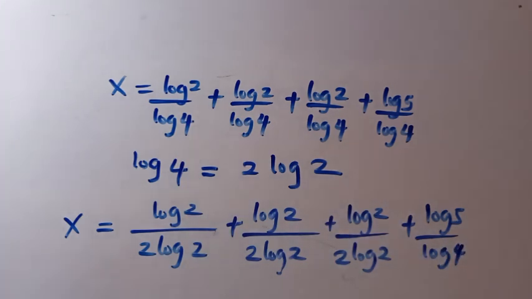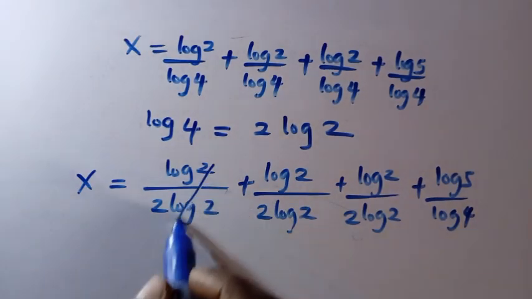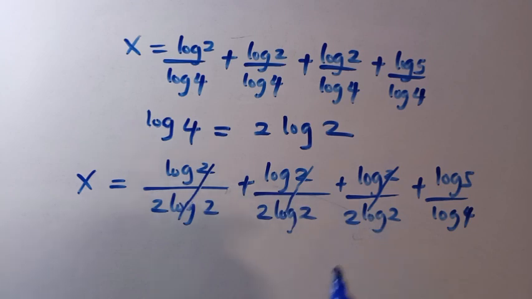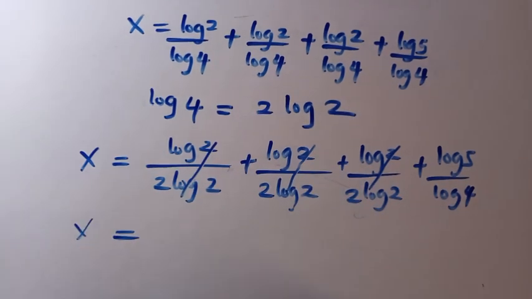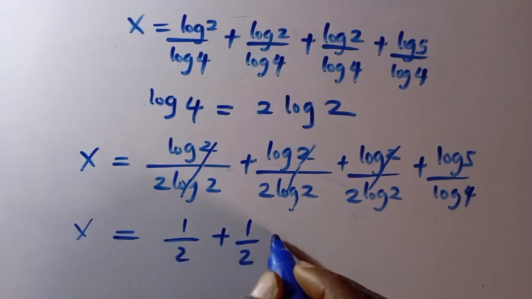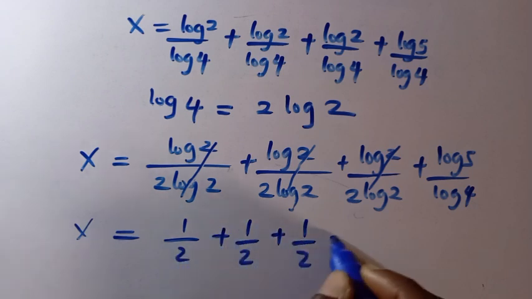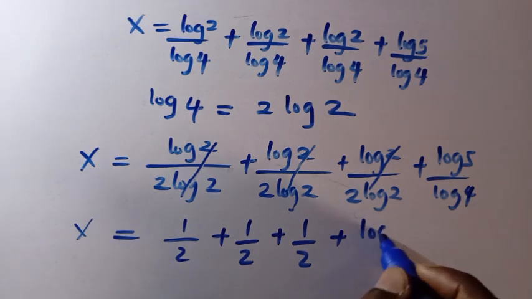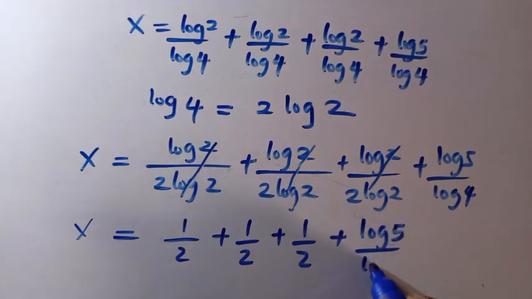So I want to leave this like this. Then we can see that this cancelled, and this also cancelled. So we have our x equals 1 divided by 2 plus 1 over 2 plus 1 over 2 plus, here is log 5 divided by log 4.